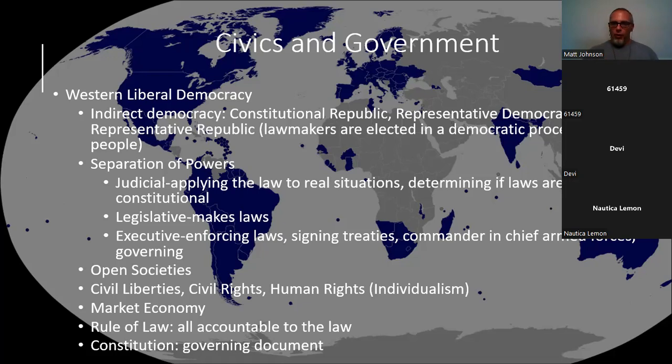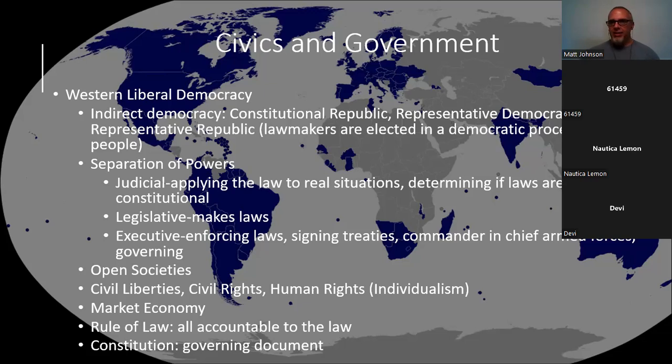But even they were informed by these political thinkers that had started contemplating politics and government in their age, and thinking more about secular ideas, moving away from religion and government, and ideas of civil liberties and civil rights and this individualism.